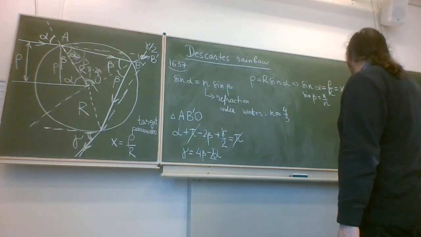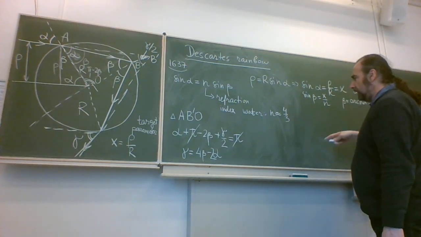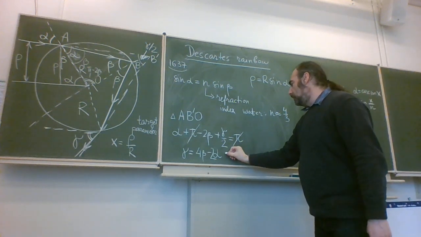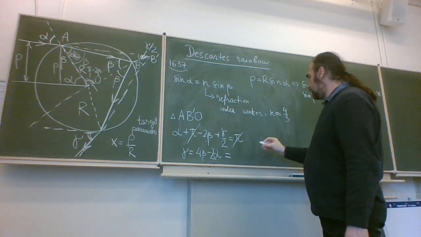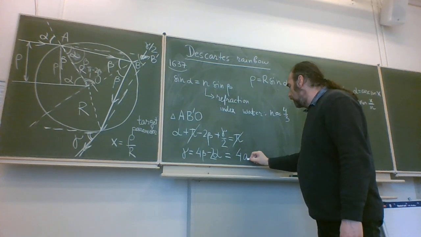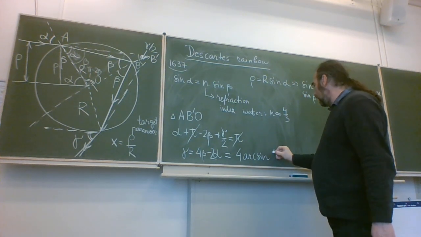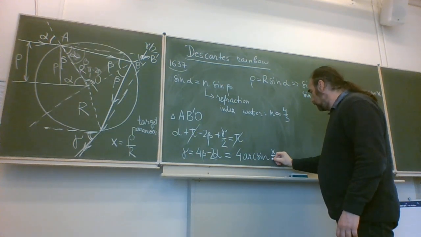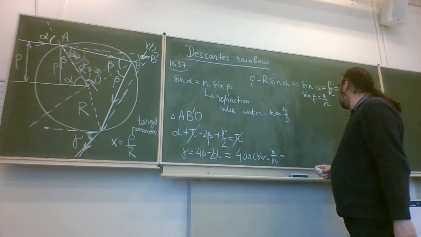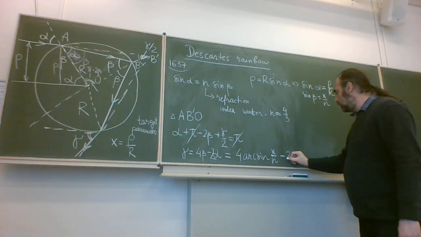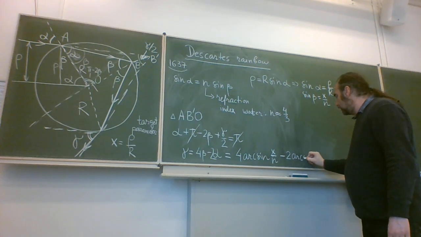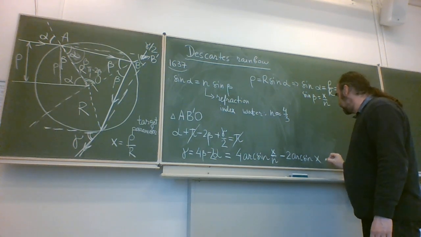Okay, now I just need to collect all of that and write gamma. So let me formally write it as 4 times arc sine of x over n, minus 2 arc sine of x.